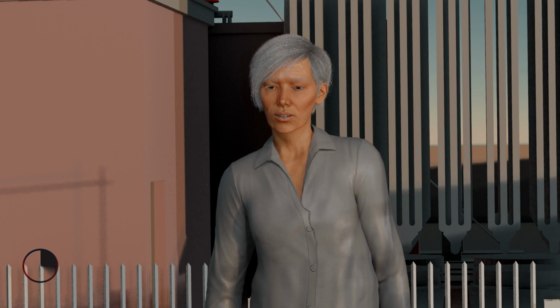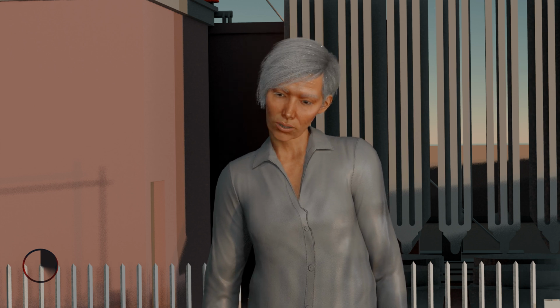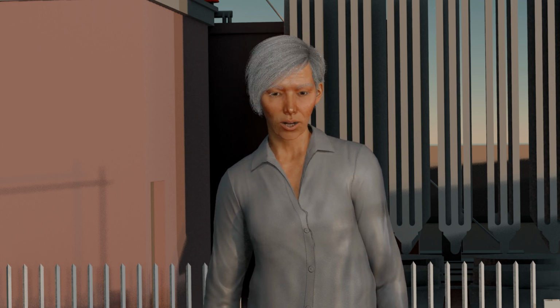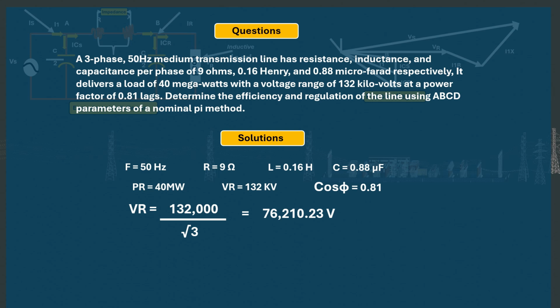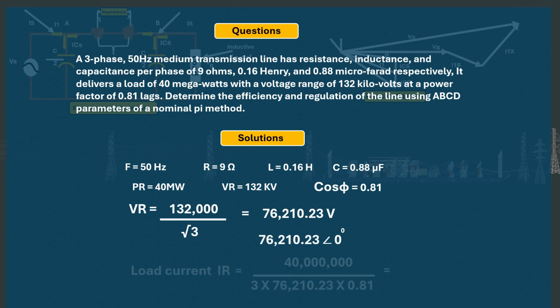To begin with, we will start by calculating the receiving end voltage VR and the receiving end current IR. The receiving end voltage VR is equal to 132,000 divided by root 3, which is equal to 76,210.23 volts, while the receiving end current IR will be equal to 40 megawatts, all divided by 3 times 76,210.23 volts times 0.81, all equal to 215.99 amps.